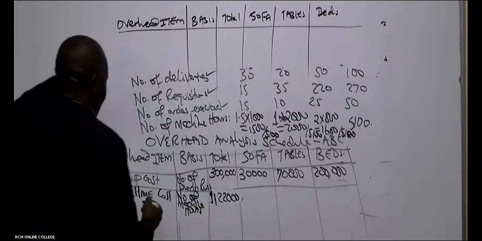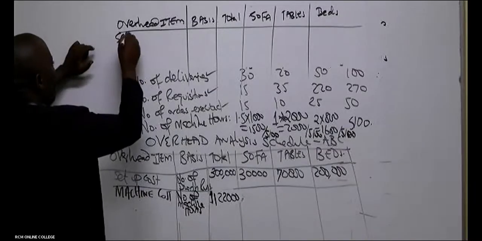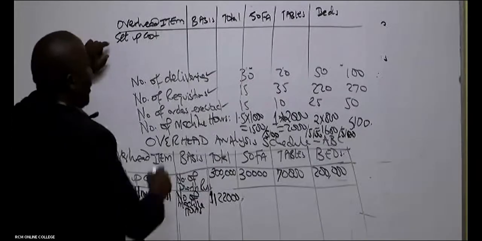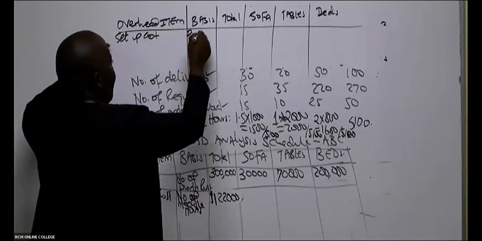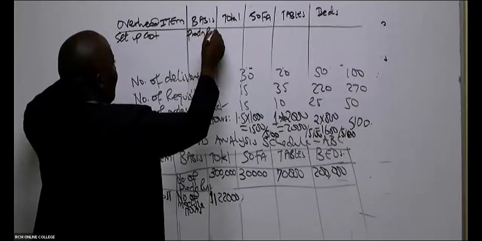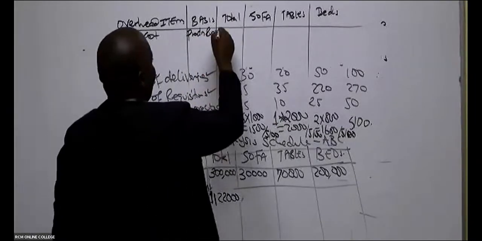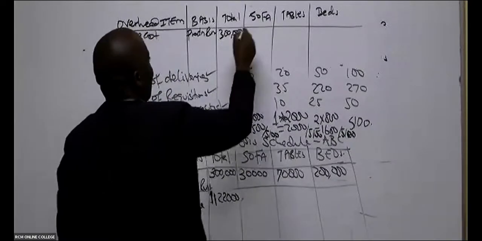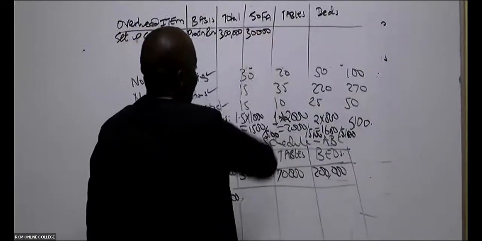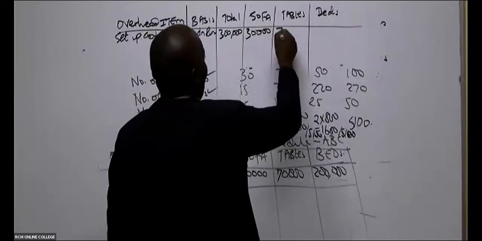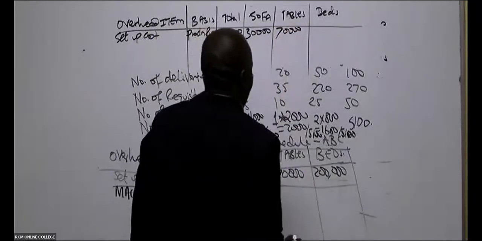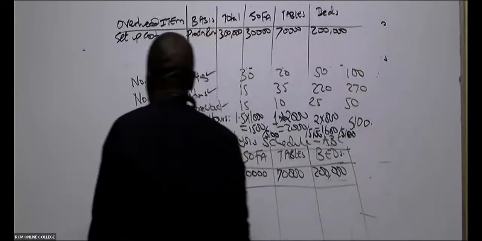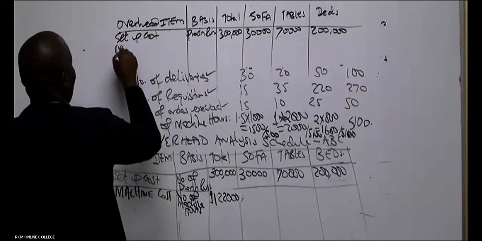So the first one is setup costs. You've told me the basis is production runs. The total is 300,000. Sofa, 30,000. Tables, 70,000. Beds, 200,000. Then you have taken me to machine cost.